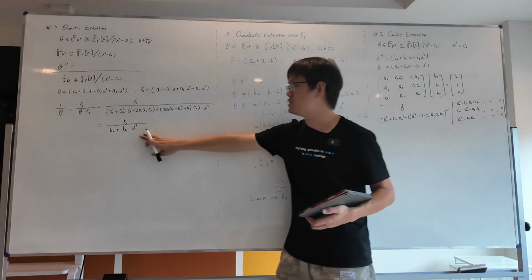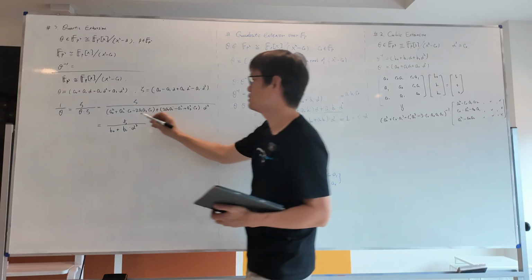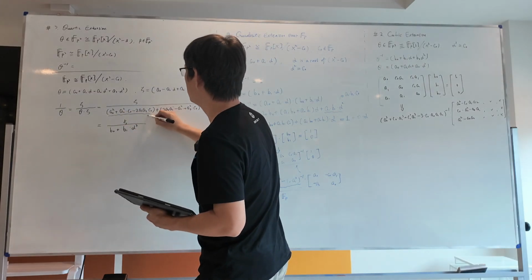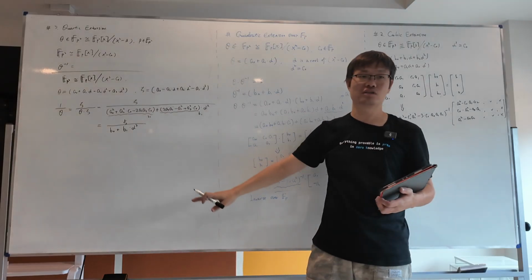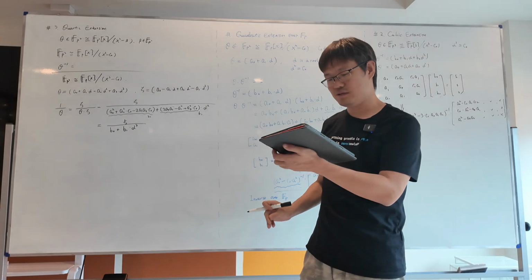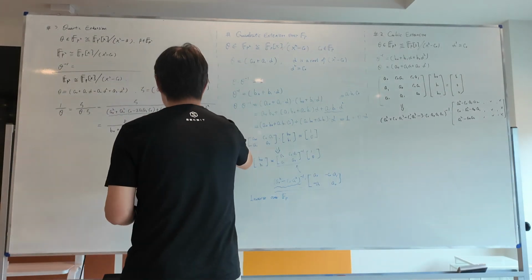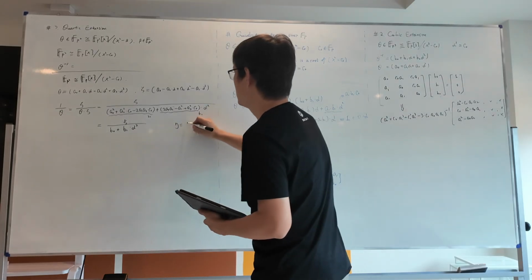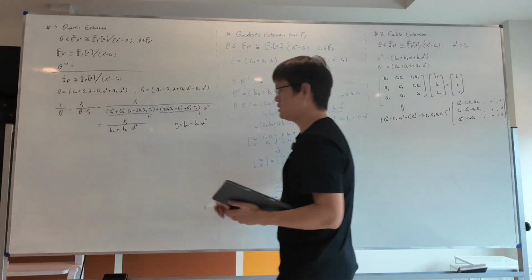We use B0 and B1 to represent these two expressions, so we can change the expressions into this. Now introduce one more element: eta equals B0 minus B1 alpha square.